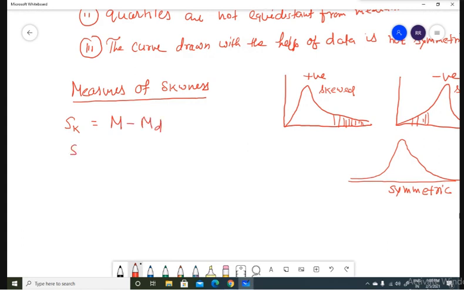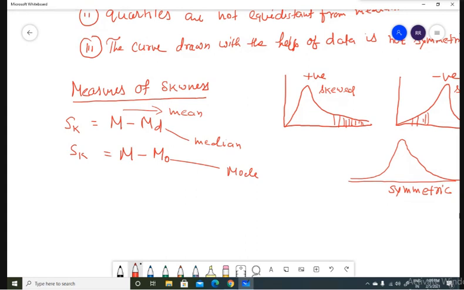The second measure is mean minus mode, where M is mean, this is median, and this indicates mode. Okay.